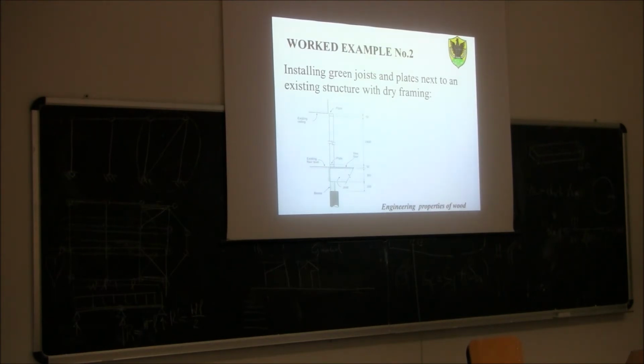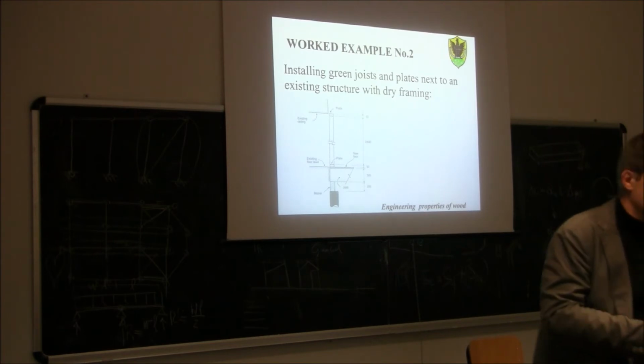In the direction perpendicular to the grain, the shrinkage is more important. So, if you want to calculate the total settlement, you can say that the total settlement here will be alpha, which is the same, it's not this value, the other value that we calculated before, times delta MC, again 30 minus 12, or 29 minus 12, times the summation of all the members that are going to shrink.